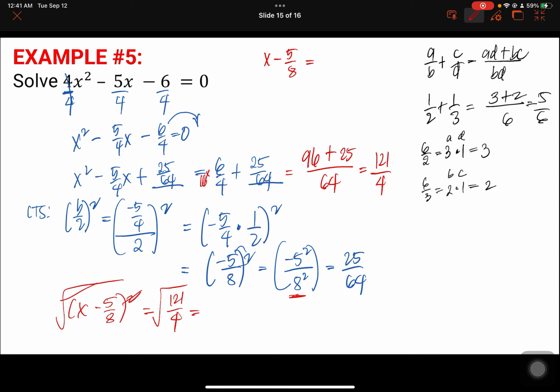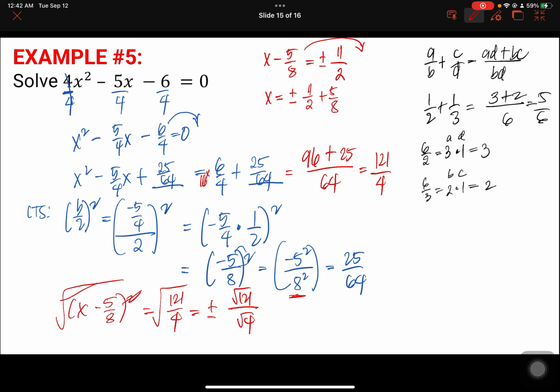So, ganito po yan, no? Positive, negative square root of 121 divided by square root of 64. So, square root of 121 is 11. So, positive, negative 11 over square root of 64 is 8. So, transpose po natin. Magiging x equal to positive, negative 11 over 8 plus 5 over 8.